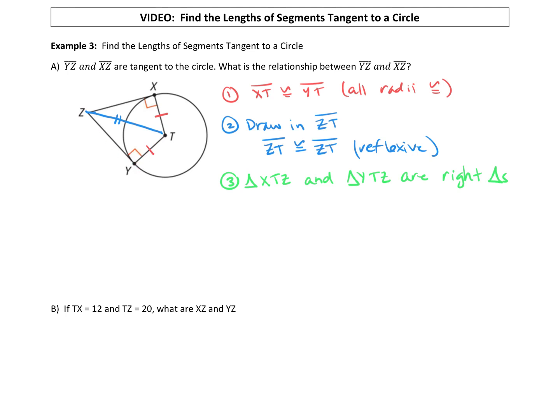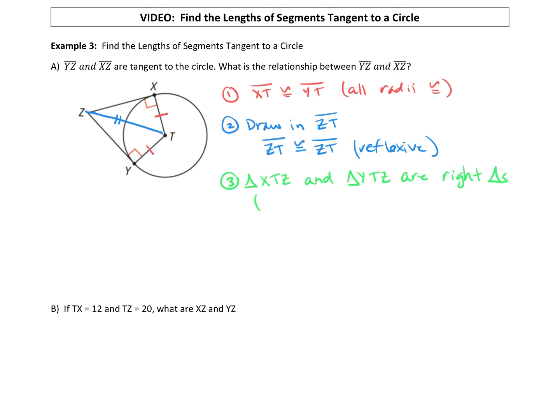When you have right triangles, they are congruent if they have a congruent hypotenuse and a congruent leg. So we just showed that the hypotenuse ZT is congruent. ZT is the hypotenuse for both triangles. We also showed that they have a leg that's congruent. That leg happens to be a radius for the circle.